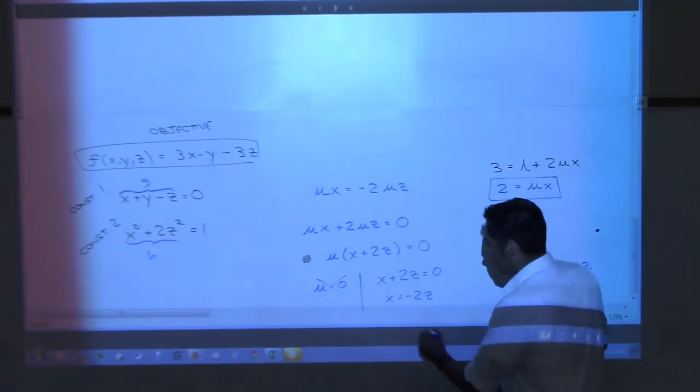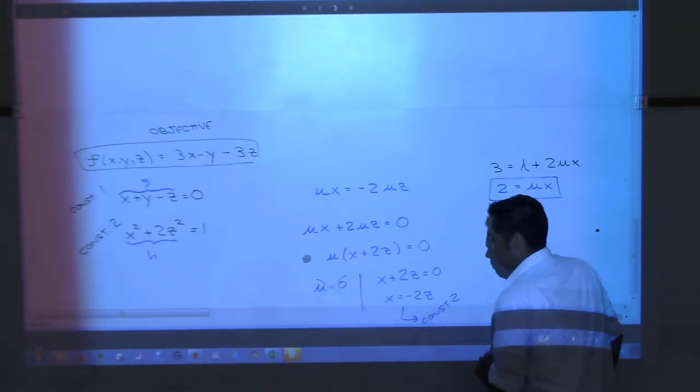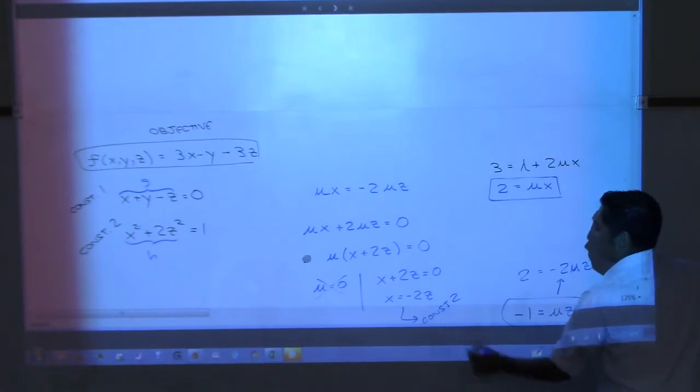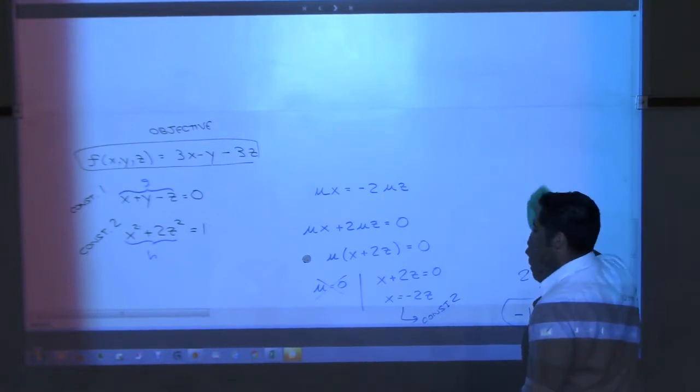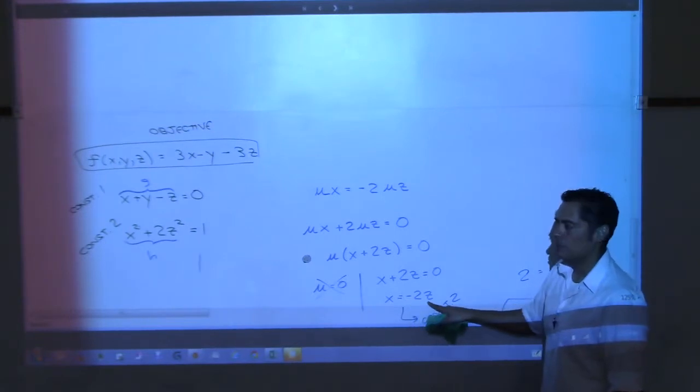So I'm going to take this, and that's about to get plugged into constraint 2. When I do that, I'm going to replace x with negative 2z.